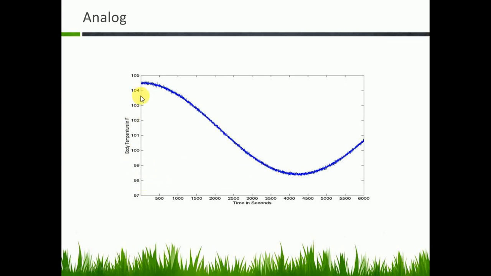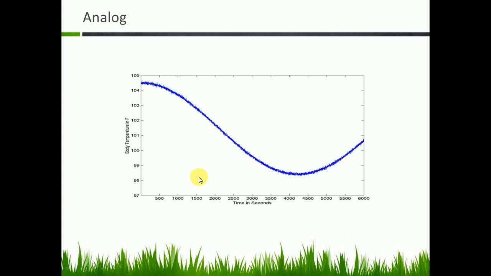I mean, it could have 103.6, and then 103.67, and then 103.678. Point is, there are infinite number of possible values that an analog signal can take between two extremes. Once again, I do want to highlight this, that it is the y-axis which defines whether a signal is analog or digital.